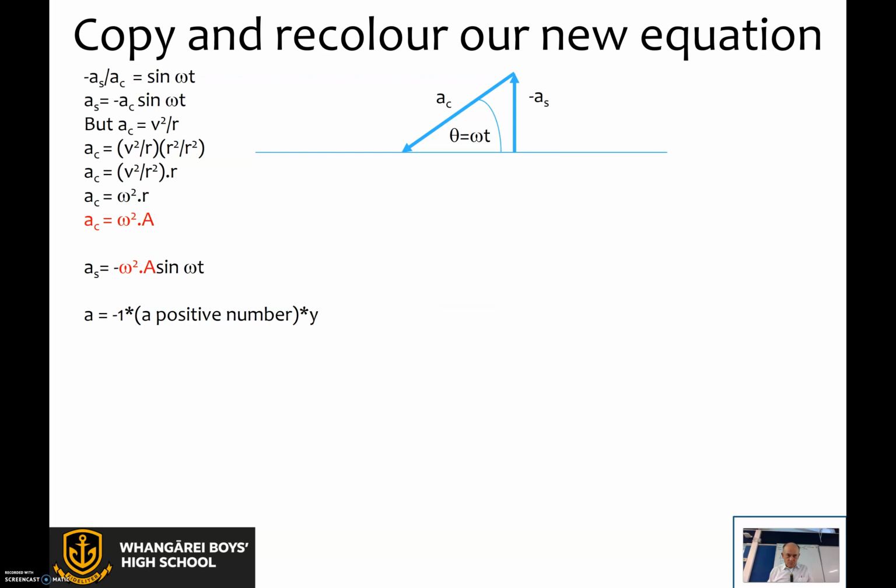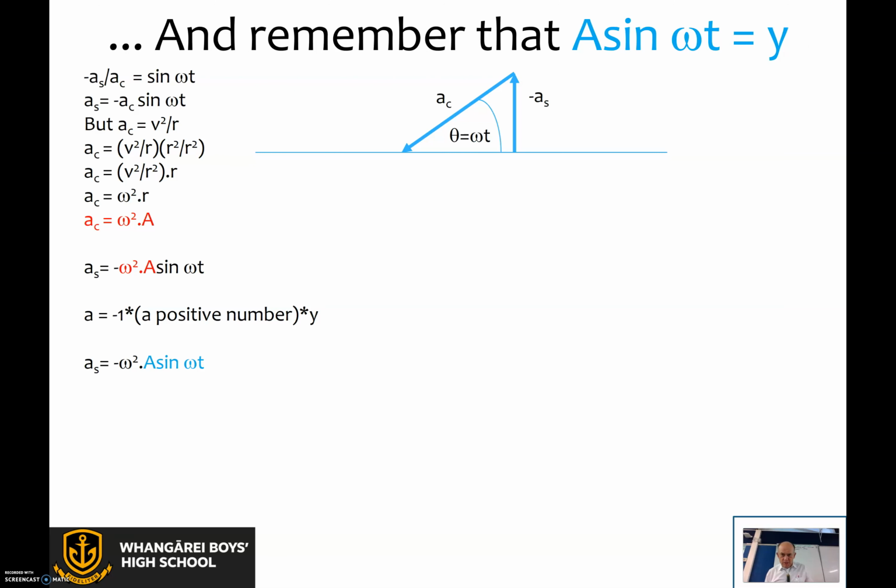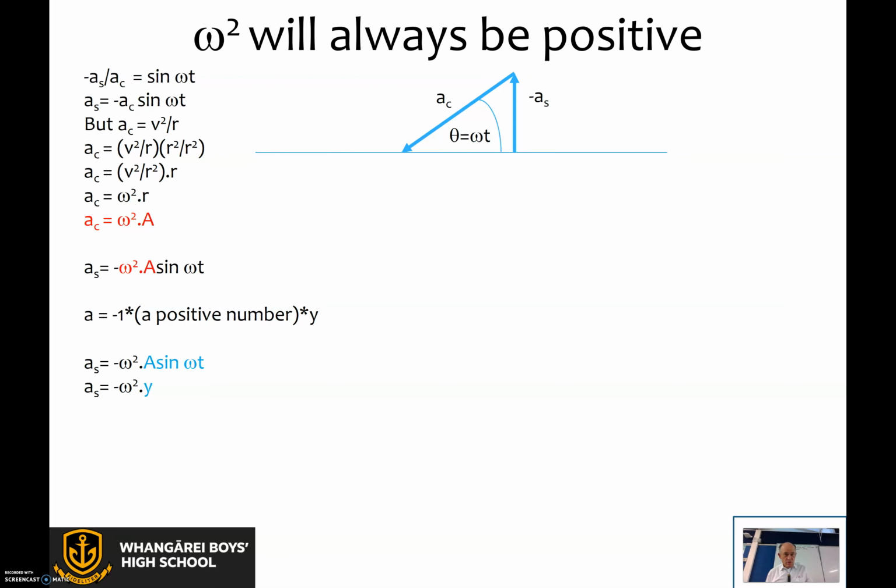Well, let's copy and recolor a new equation like that, and do the A sine omega t as a special feature. And we remember that A sine omega t is equal to y, the displacement. So we can then put y in there. Now this is cool, because omega squared will always be positive.